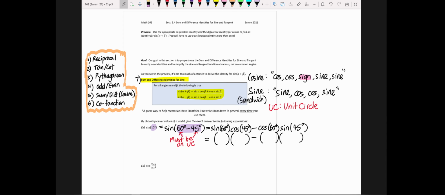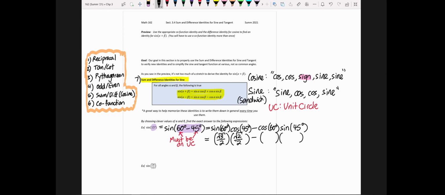Sine is the y coordinate, so it's going to be long leg. What's the length of long leg? Oh, okay, so it will be square root of 3 over 2 then. That's right. Very good. And Genesis, how about cosine of 45 degrees? √2/2. That's right.